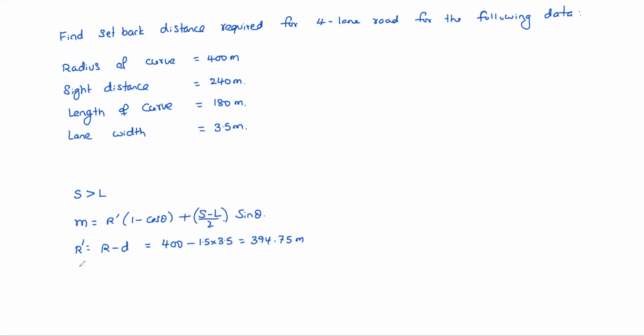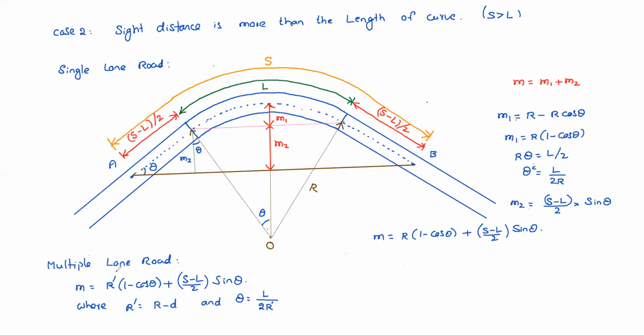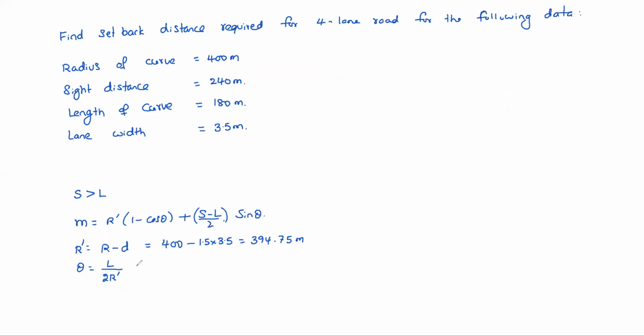Okay. So theta equal to L, the length of the curve, divided by 2R'. You can derive it whenever you want, otherwise you can remember. Theta equal to L by 2R', right? That equal to the length of the curve, 180 meters, by 2 into R', 394.75.